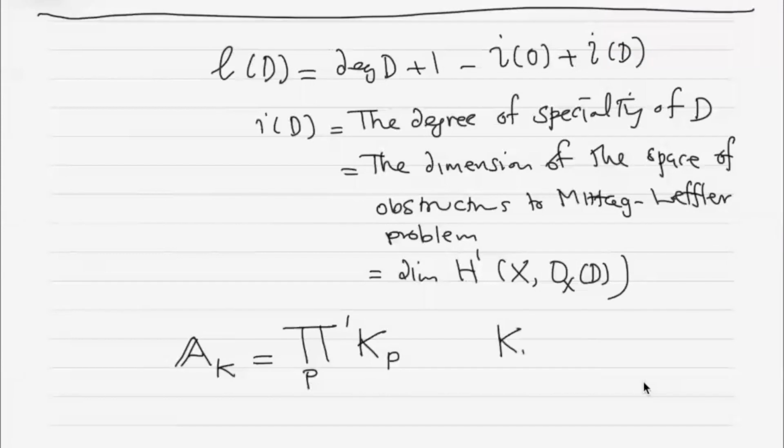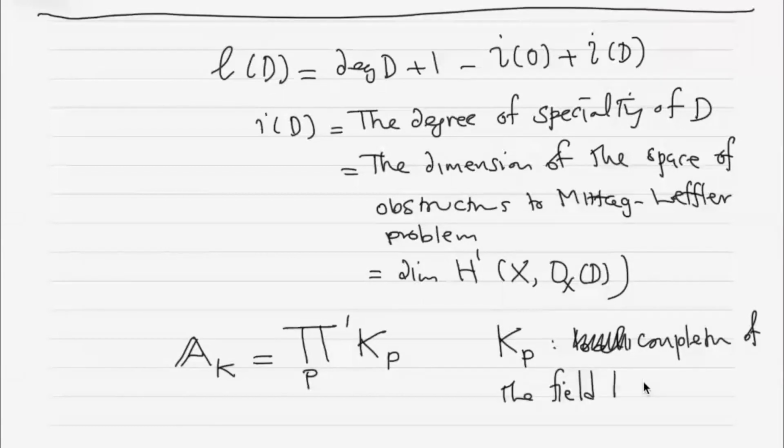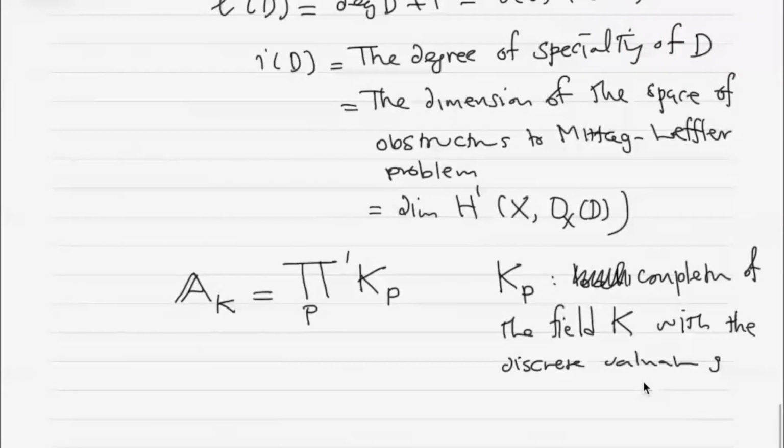Kp is the localization or completion of the field K with the discrete valuation given by OP.